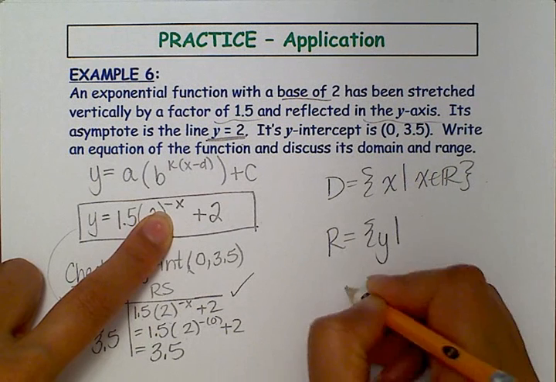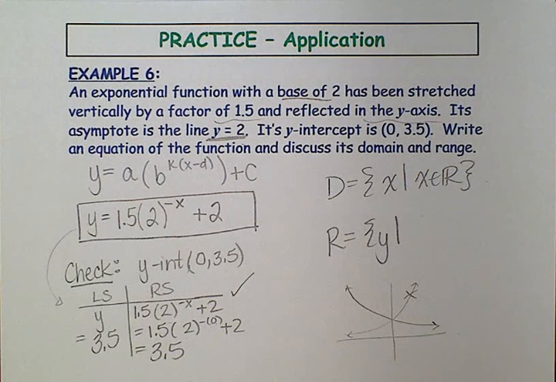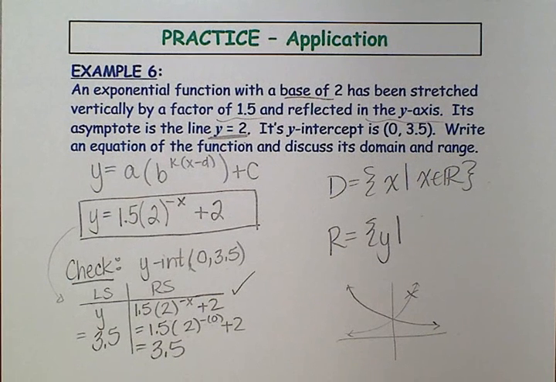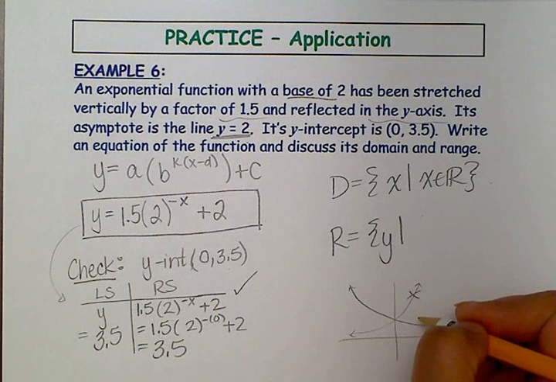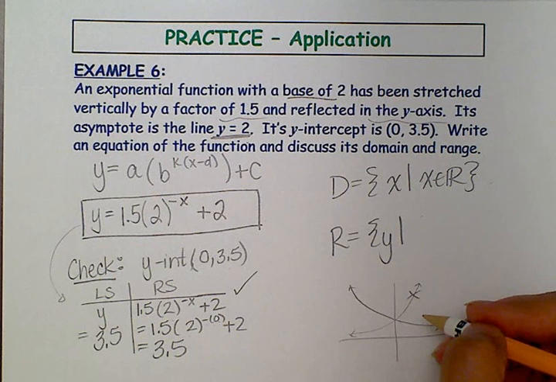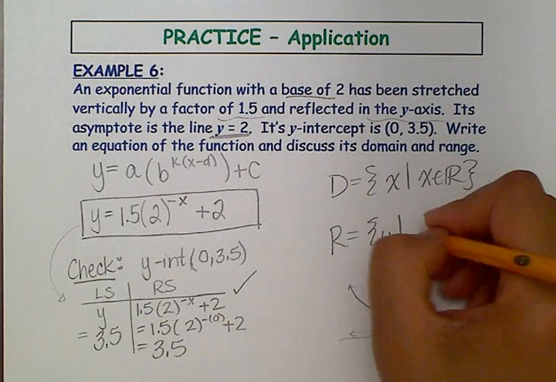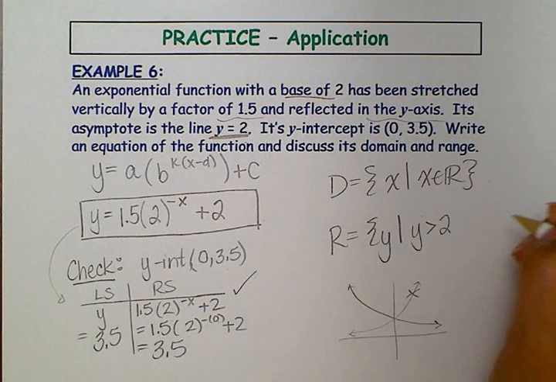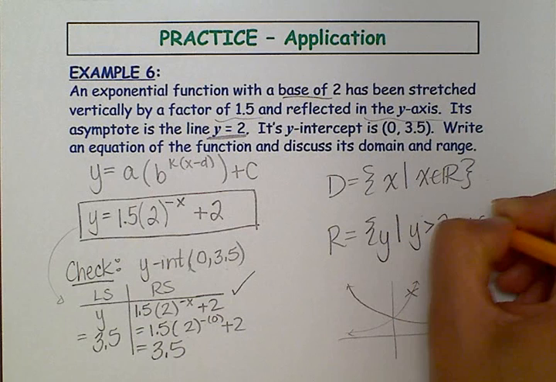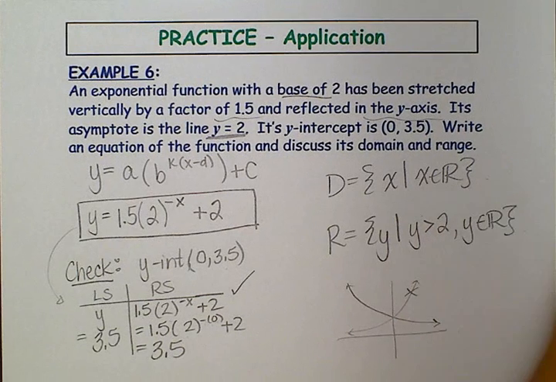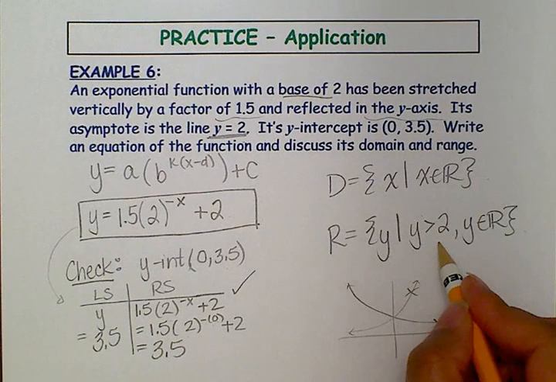And then it's stretched, and then it's shifted up 2 units. So what that tells me is that the graph is still above the asymptote, and the asymptote was at 2, so I know that the range is going to be y such that y is greater than 2. I apologize for that. So y such that y is greater than 2, and y is an element of all real numbers.